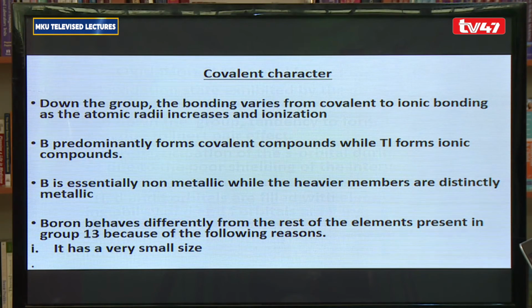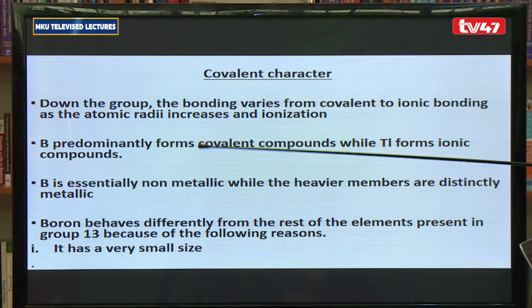Just like with the alkali metals and the alkaline earth metals, the covalent character of the group 13 elements is shown especially with boron. The smaller the size of the atom and ion, the more likely it is to form covalent compounds.